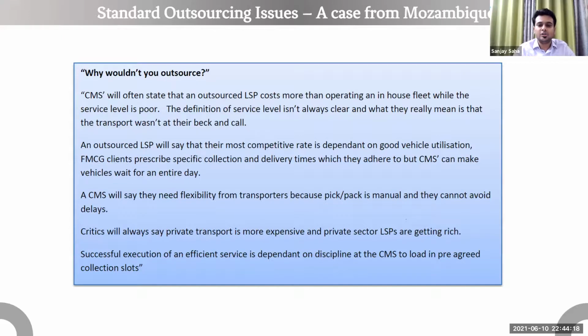Okay, they cannot always be ready, like they say, always be ready at the beck and call of the authority. There has to be a good relationship between both the parties, and discipline amongst both the parties as well, if outsourcing has to be successful.